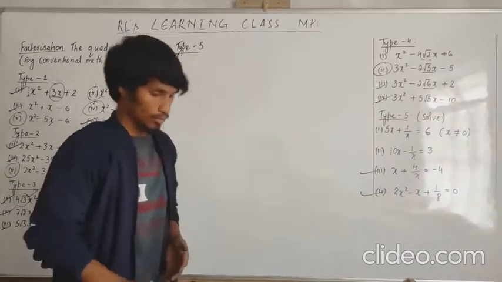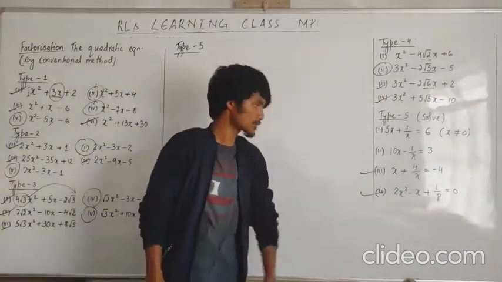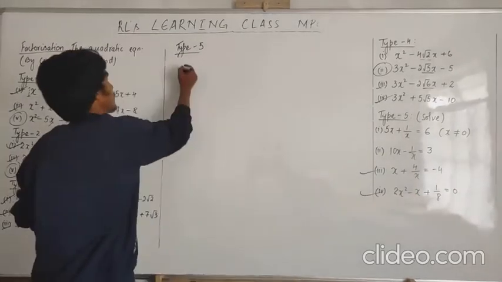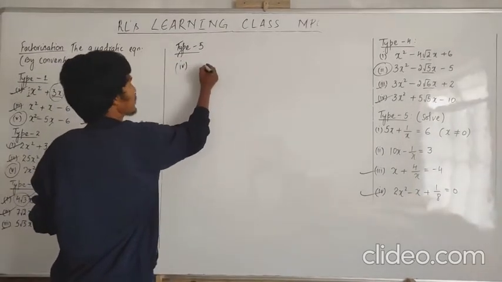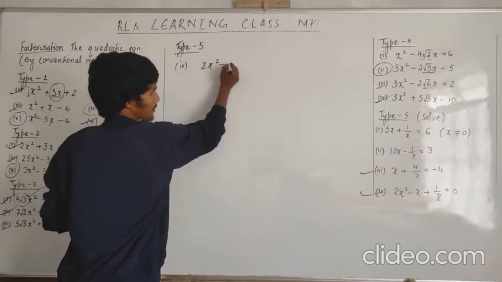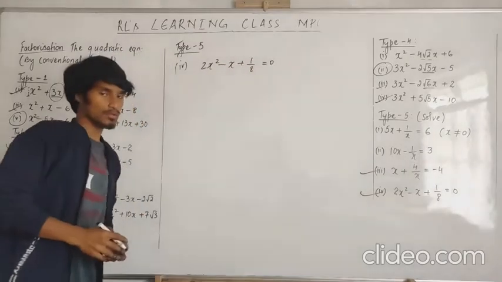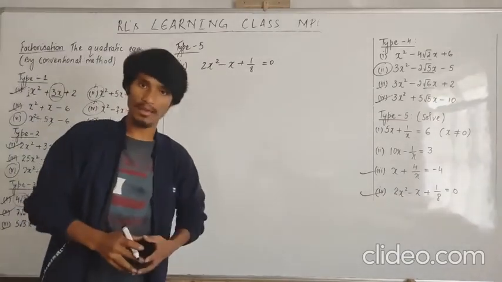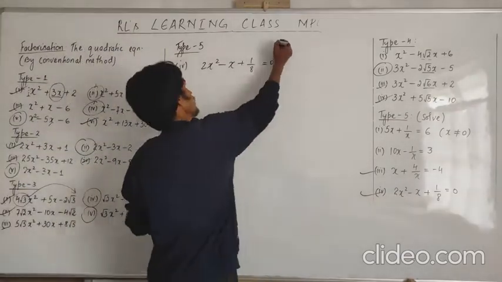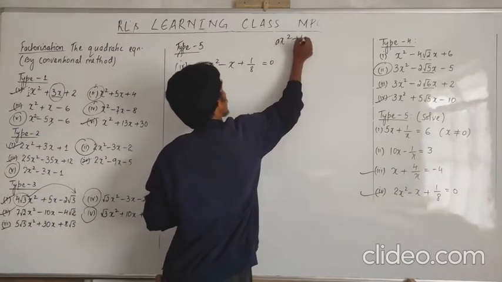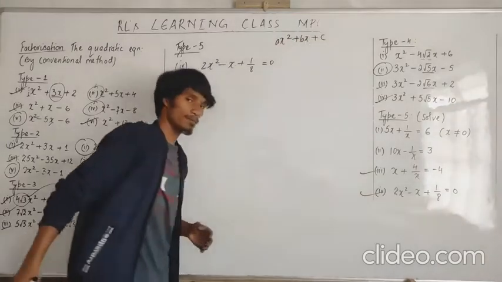Okay. Now I'll solve type 5, the last question, question number 4: 2x squared minus x plus 1 by 8. But this question we don't need to arrange again into ax squared plus bx plus c, because it's already arranged.